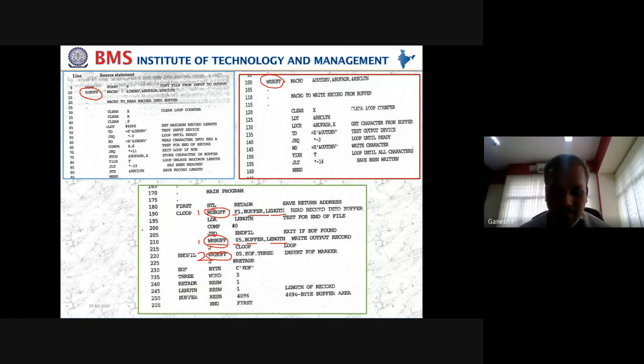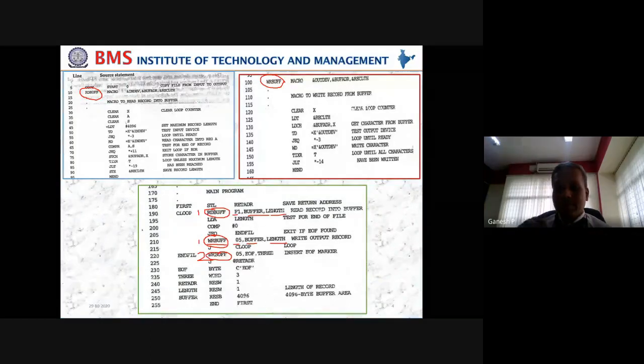First time, when line number 190 was getting executed, F1, buffer, length were stored in the arg table that we have observed just now. Now in the flow of the program, when I reach line number 210, I have called for a WRBUFF. When WRBUFF is called, you have three parameters, 05, buffer, length.